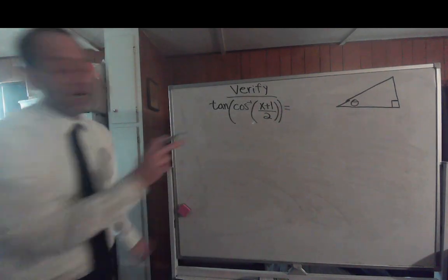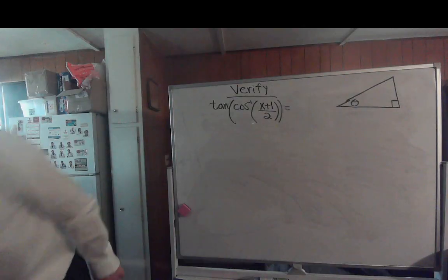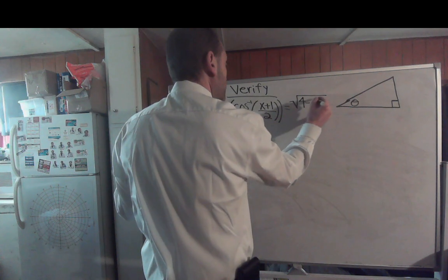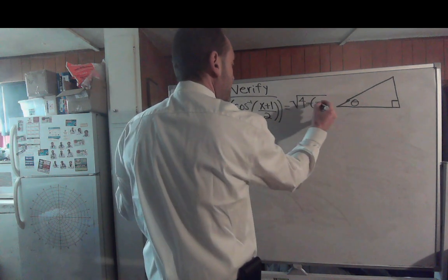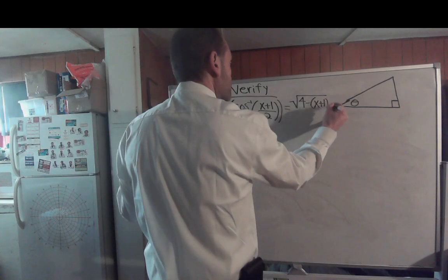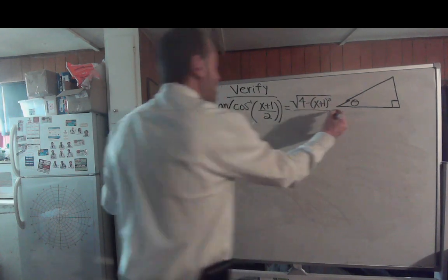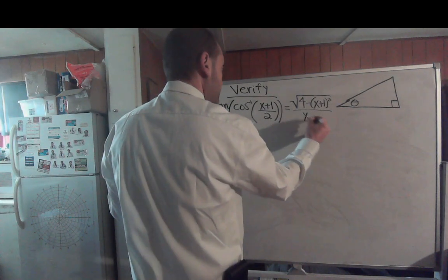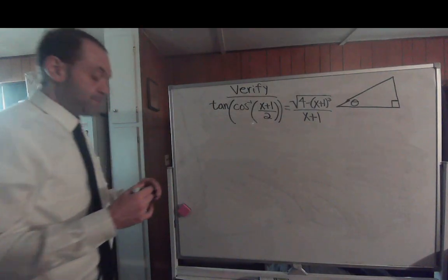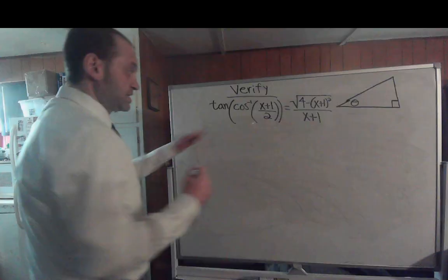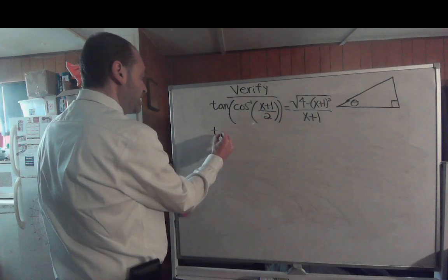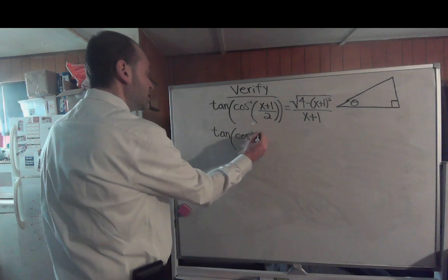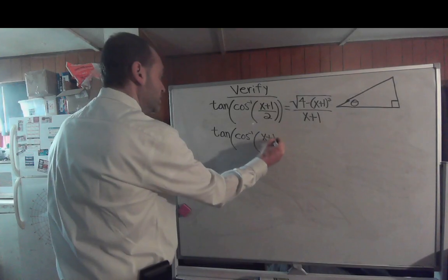We have to verify that that's equal to the square root of the quantity 4 minus (x plus 1) squared, all over x plus 1. Okay, so let's write out the left-hand side again. We have the tangent, this time of the cosine inverse of (x plus 1) over 2.